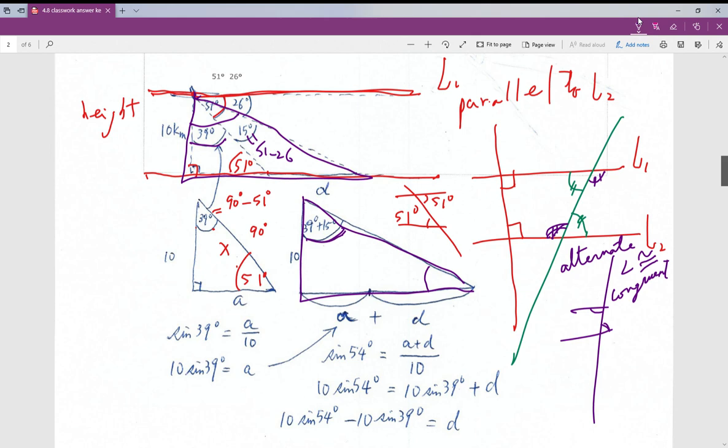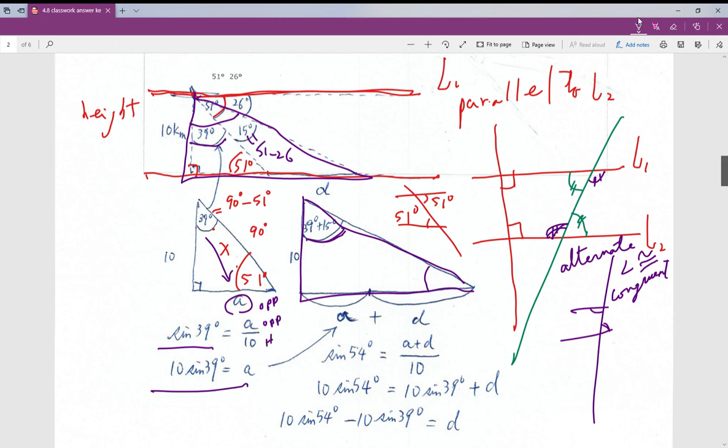Okay, now after all the geometry, you can easily find A, because A right now is opposite the 39. So you use the sine function, opposite over hypotenuse. Then you solve for A.